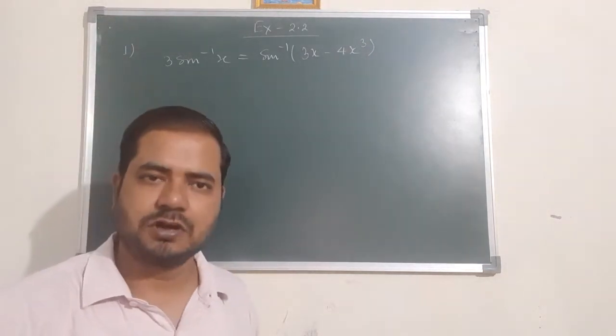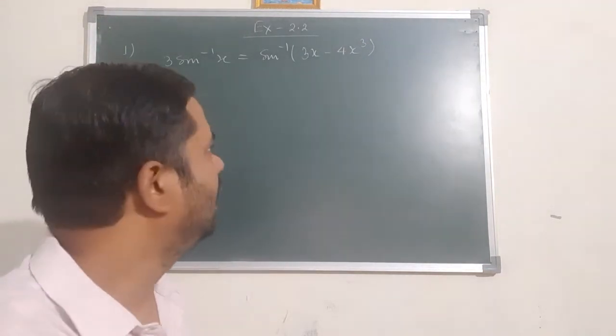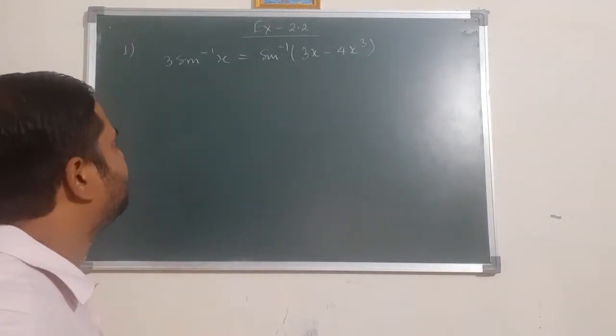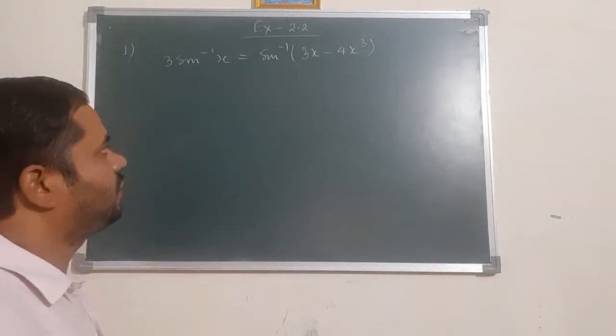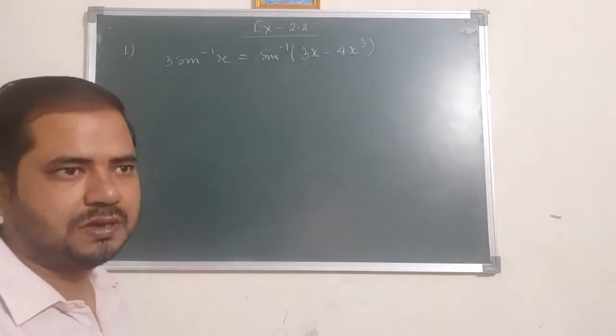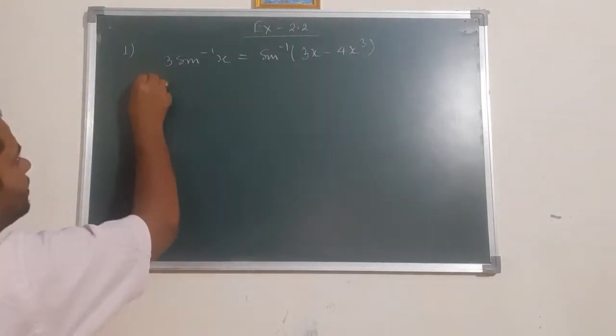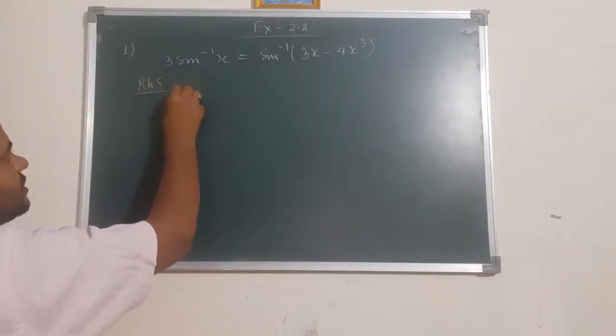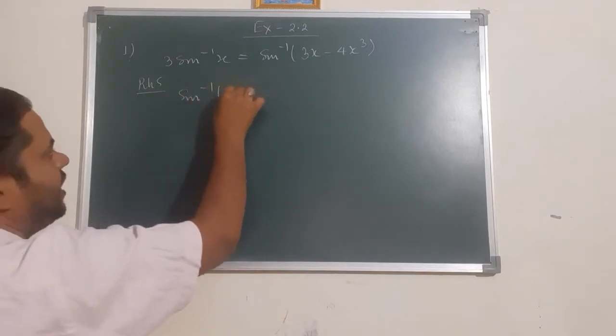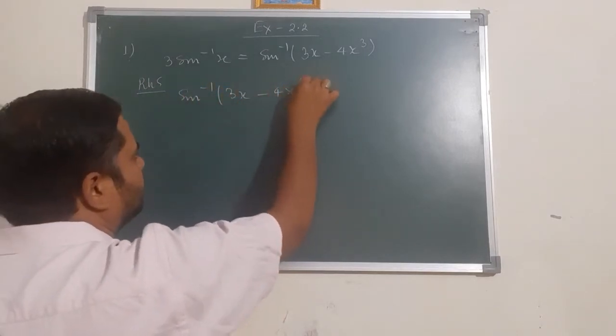This is the trigonometric formula. But you have to prove it from RHS to LHS. If we consider RHS, then sine inverse of 3x minus 4x cube.